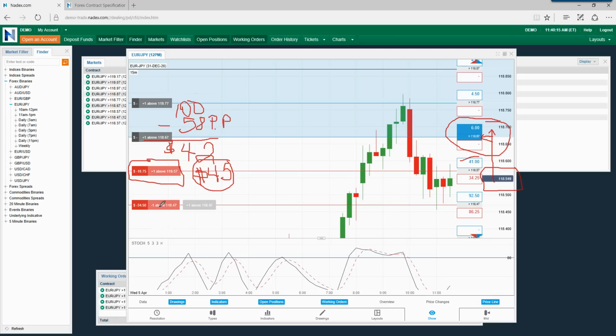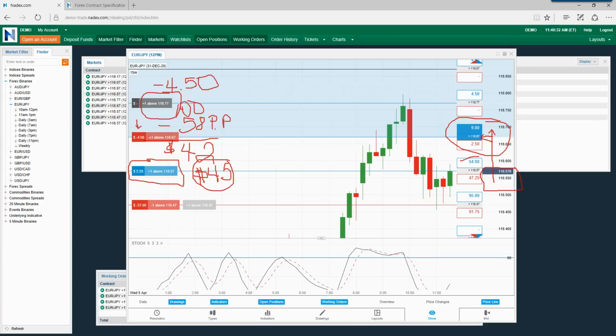Actually, now I have 4 positions on. Do you see how this is all black? That means I've lost $4.50.